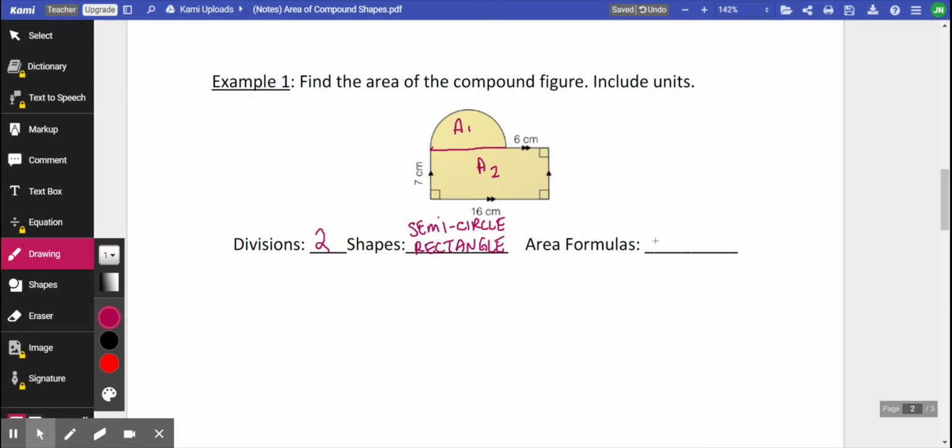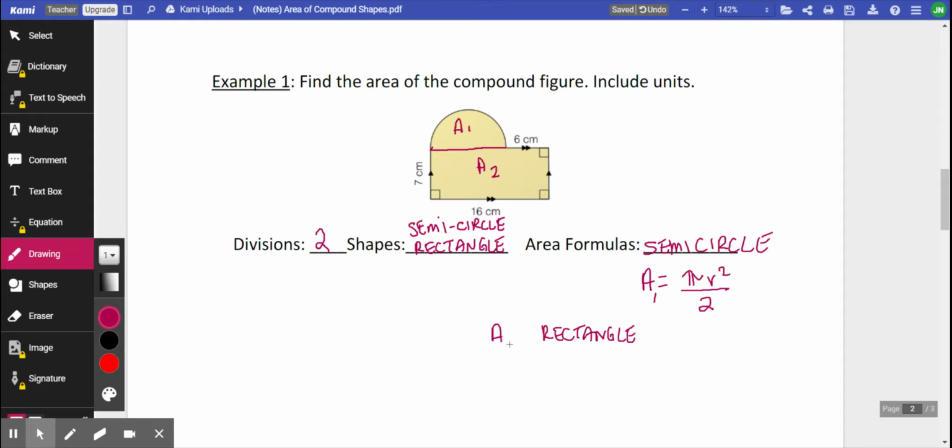The area formulas are as follows. For the semicircle, it's basically the area of a circle, but we're going to be dividing that by 2. The area of a circle is pi r squared, but it's not a full circle, it's a half circle, so we divide that by 2. That's one of the areas we're going to be using. Another formula we're going to be using is for a rectangle, which is area 2, by the way.